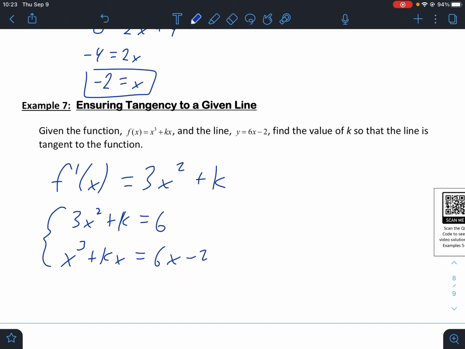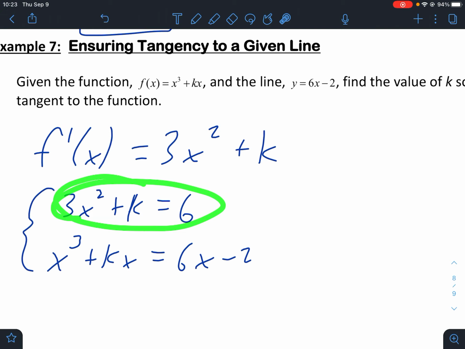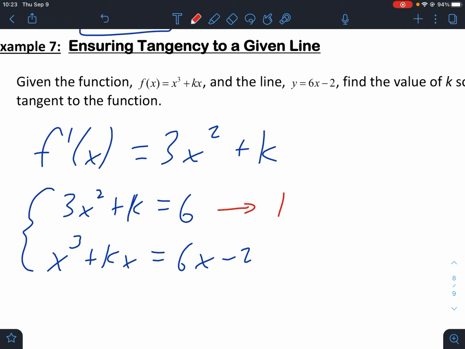So here we have a system of equations, which we can solve in a couple different ways. I'm going to start here by solving this equation for k and then putting it in this equation. So solving this equation for k, I get k equals 6 minus 3x squared.